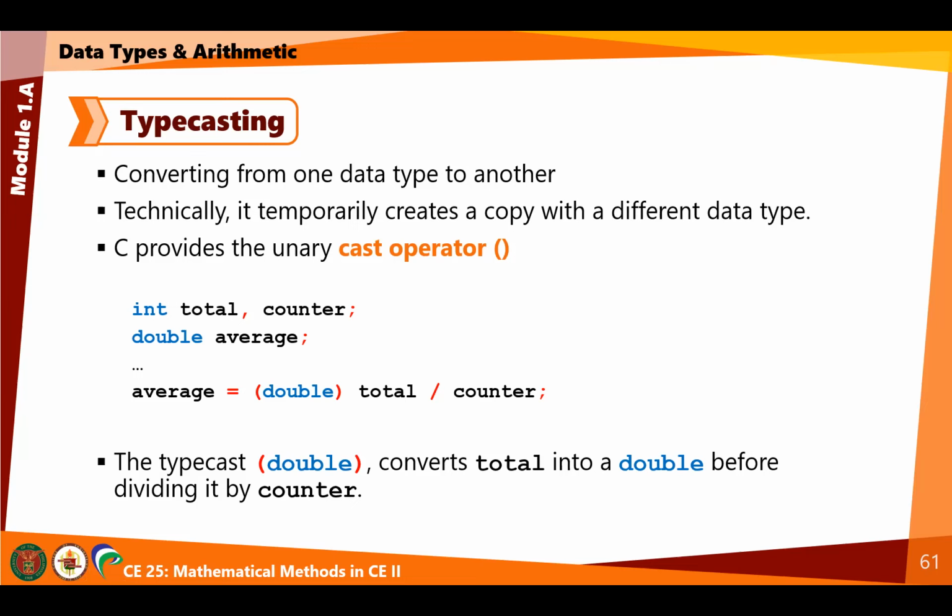So, yeah. Everything was an int. So, in this case, in order for the average to be double, yan. So, ginawa niya munang double type yung total. So, ginawa niyang decimal muna yung total. Ayan. So, I guess that's one of the uses.